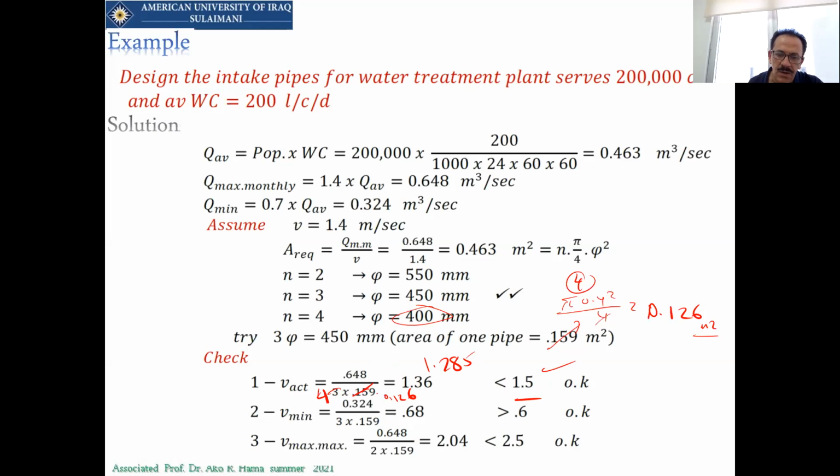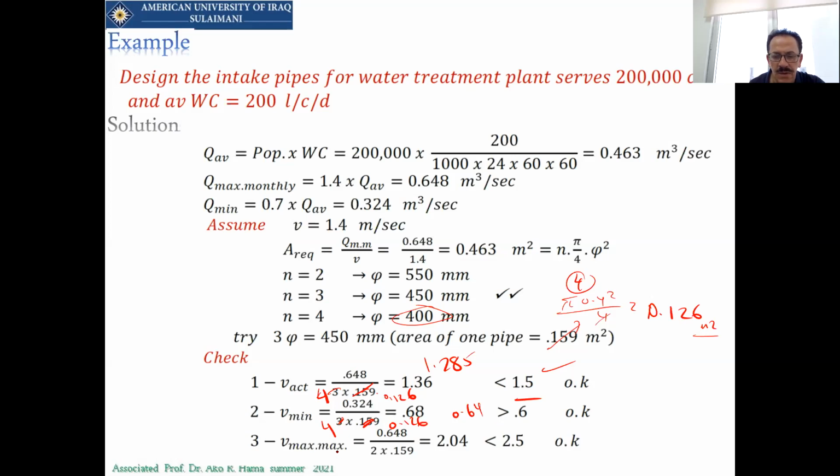Now you have to check for the minimum. This also becomes 4 pipes, with area 0.126. So let's check with this one, 0.648 divided by 4 divided by 0.126. Now it's 0.64, right? Still okay.